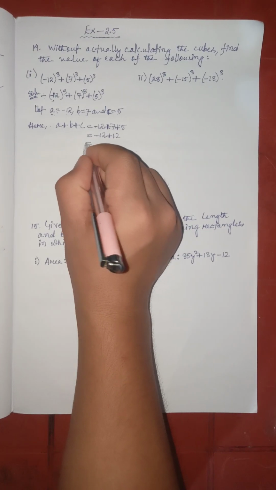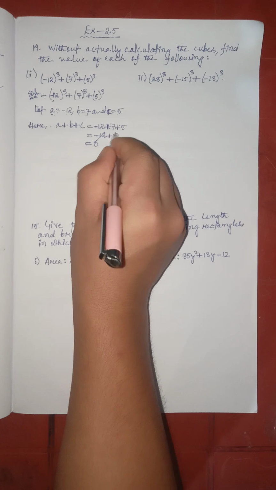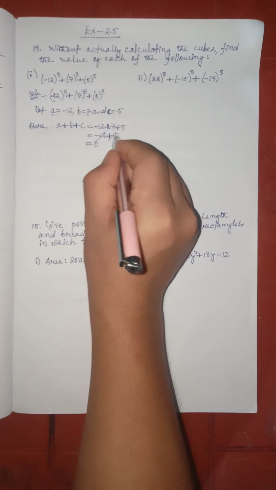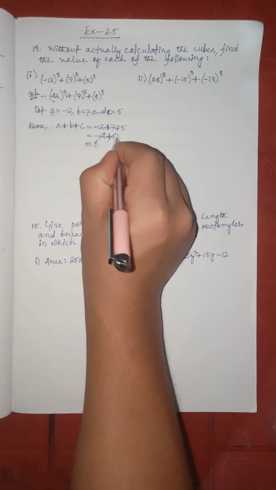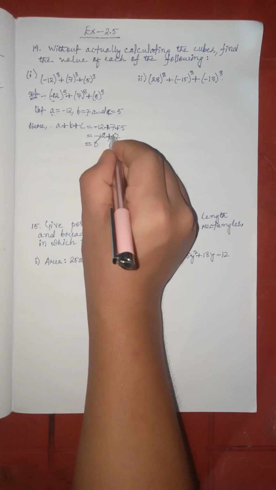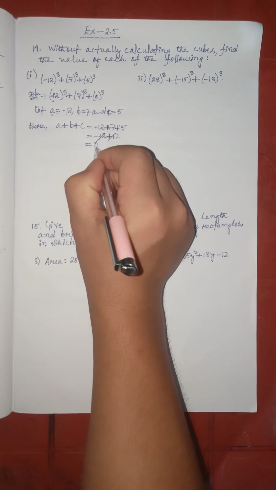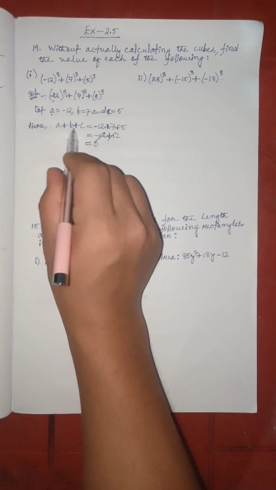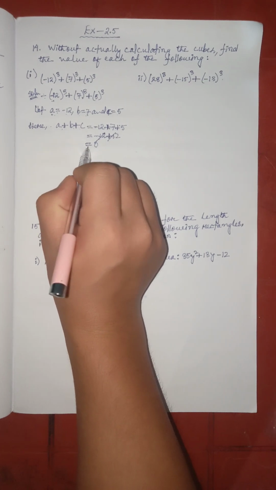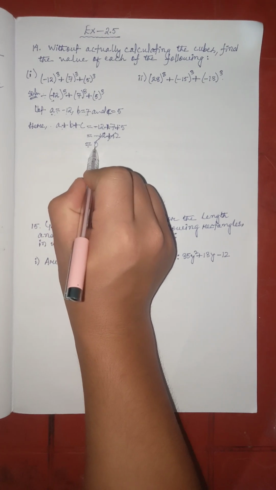Minus 12 plus 12 gives 0. To denote this, just cancel these two and we get 0, right? So the value of a plus b plus c is 0.